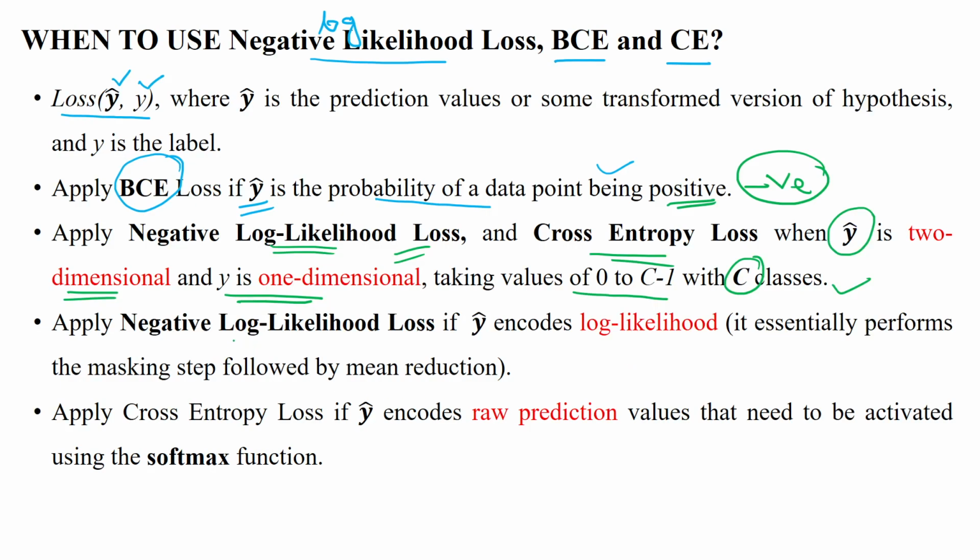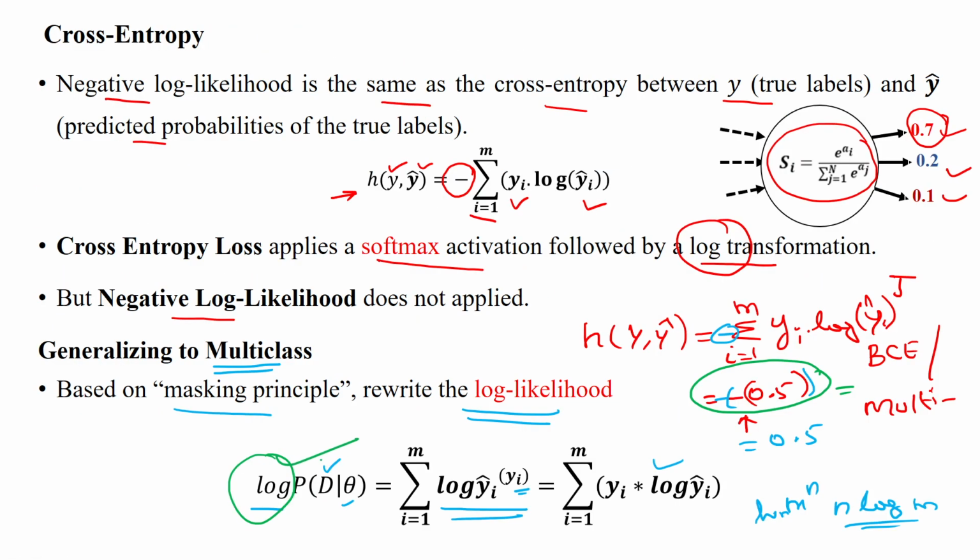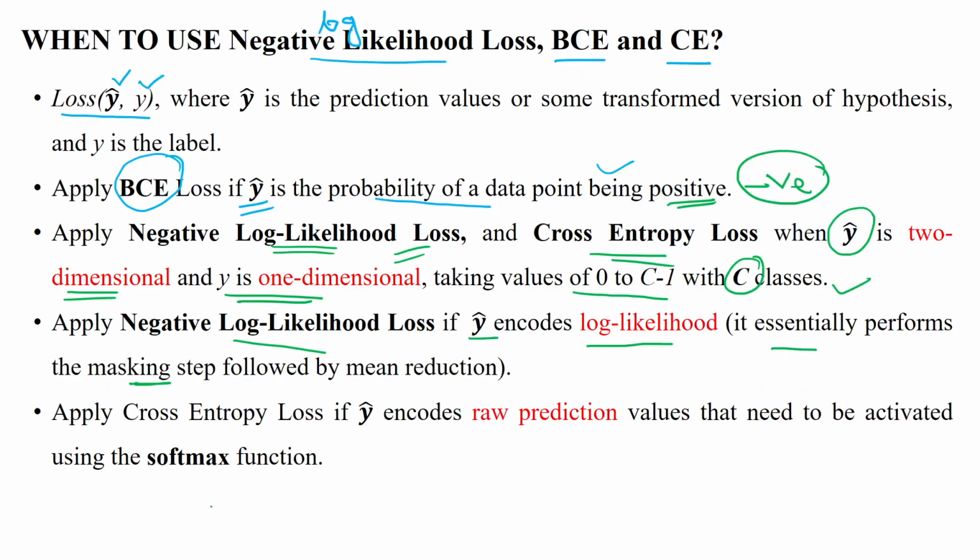The negative log likelihood loss is applied whenever the predicted output is encoding the log likelihood. It essentially requires performing the masking step. Masking step in the sense that we apply the log likelihood, and after applying the log likelihood we go for negative log likelihood.